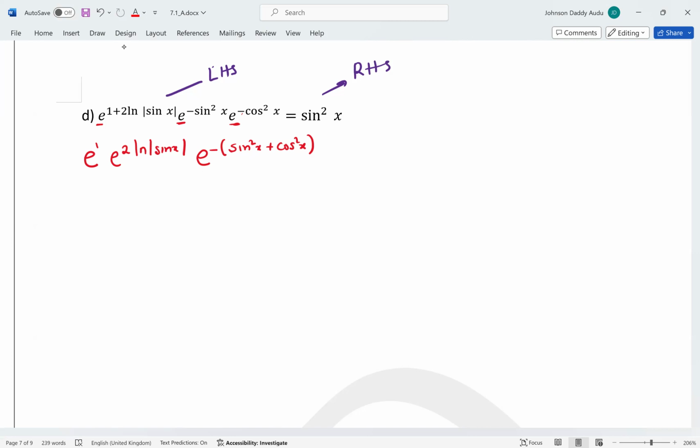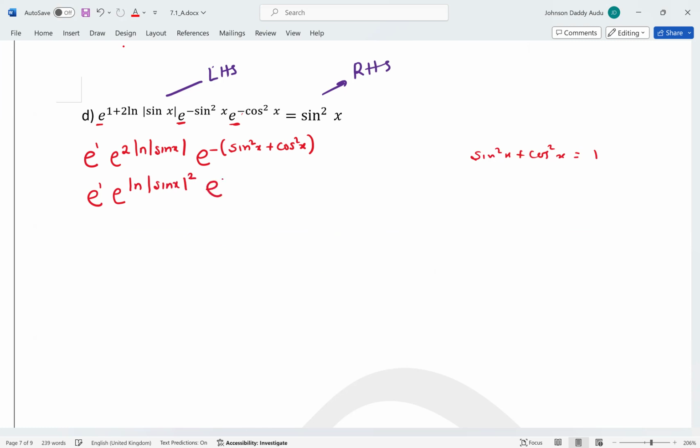Now here also, what is sine squared x plus cos squared x? We know it's equal to 1. So this is e to power 1. Then this 2, I can take it up. So this becomes ln absolute value of sine x, all squared.